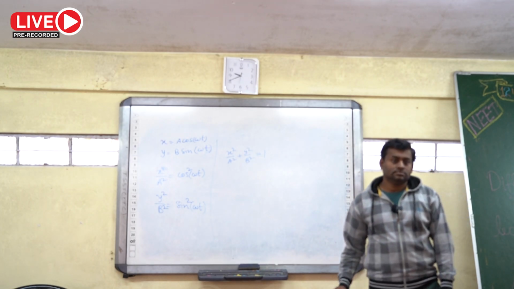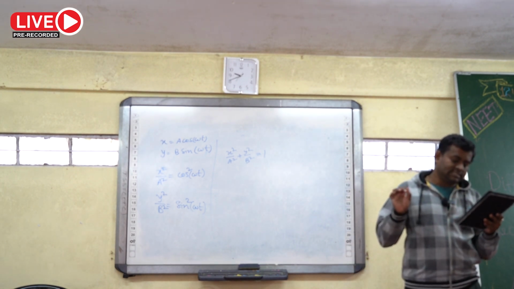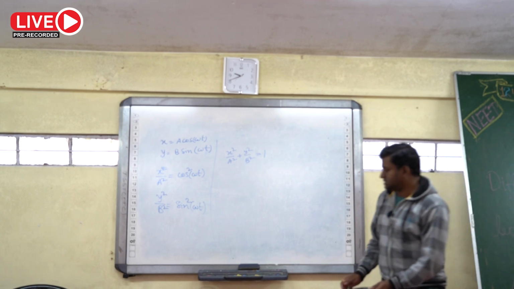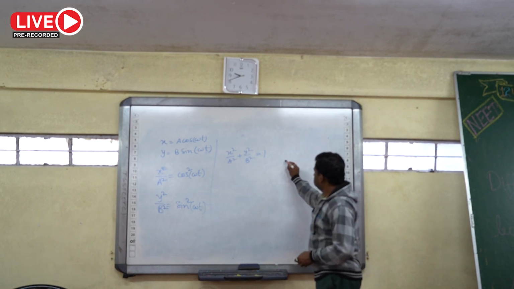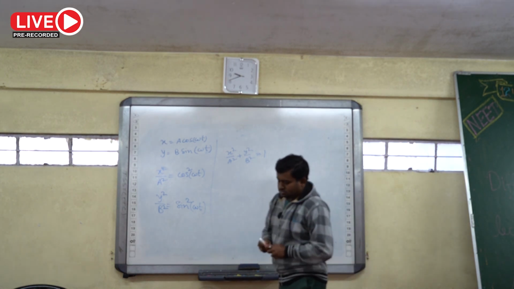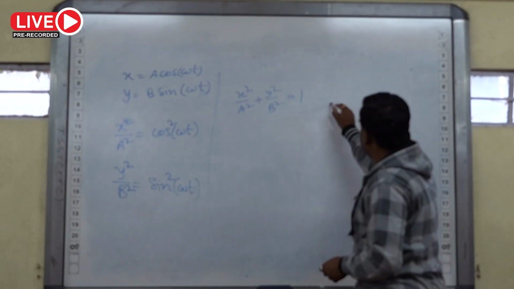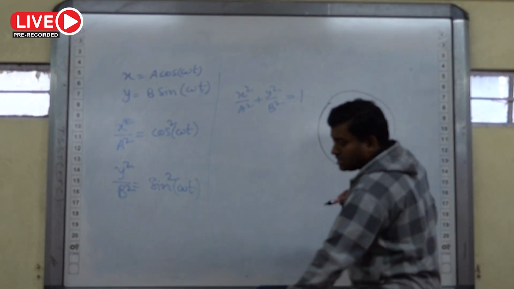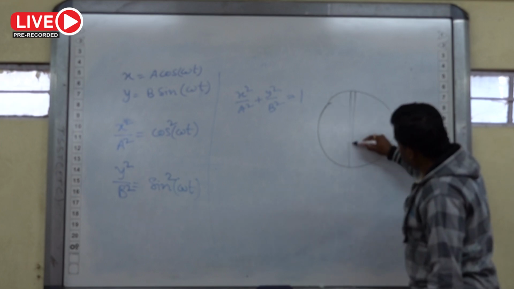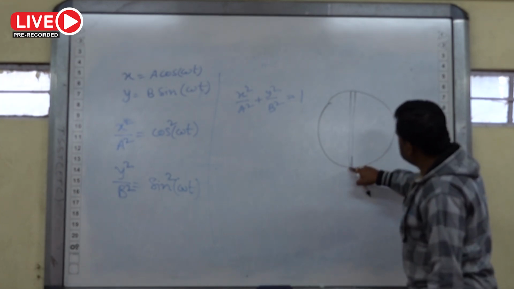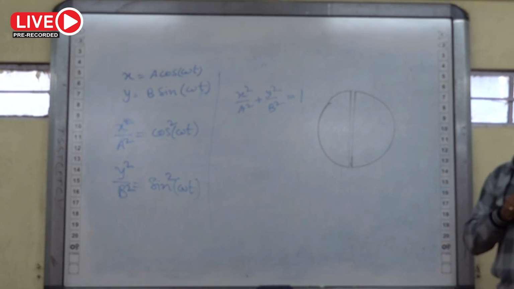Sir, can you explain the question? The tunnel is made inside the earth, and a ball is released in it, like this. See, this is earth, and some tunnel is made through it, means these two portions are open.